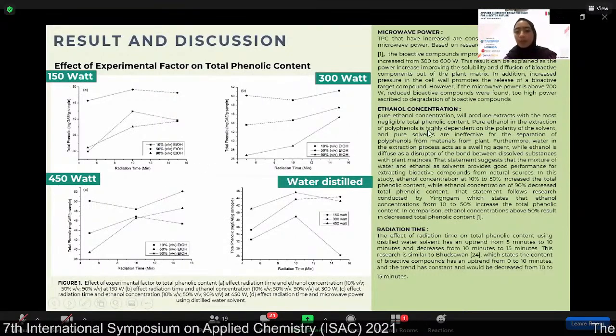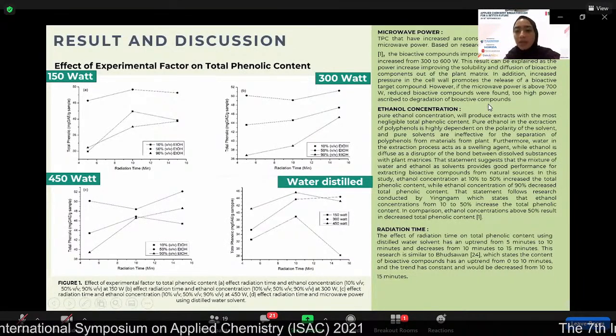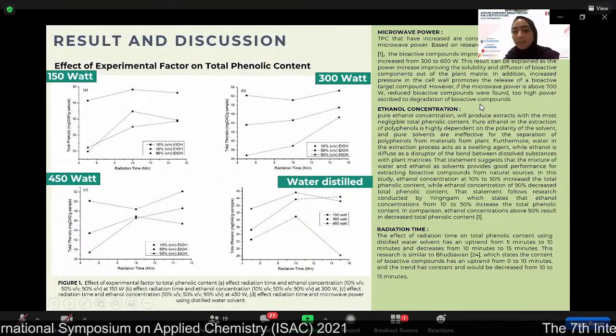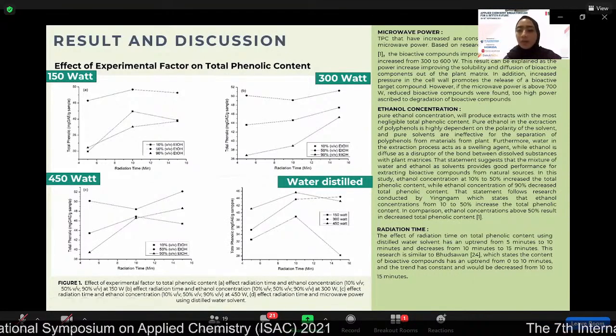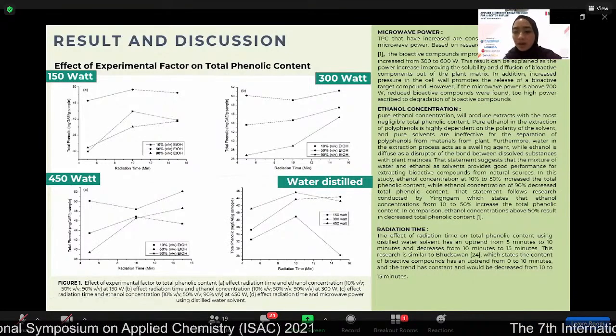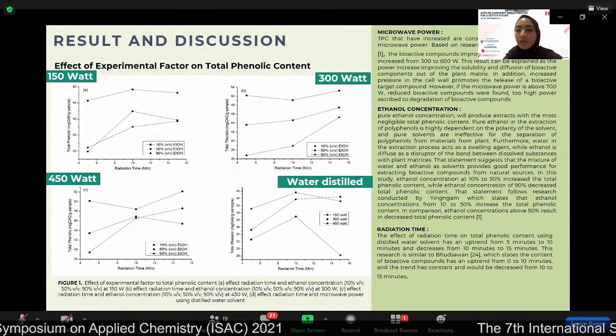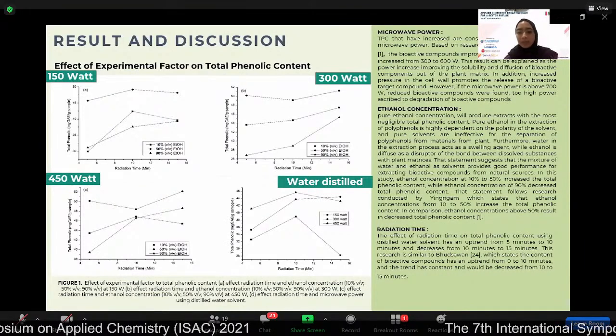This is because pure ethanol will produce an extract with the most negligible total phenolic content. Pure ethanol in the extraction of polyphenol is highly dependent on the polarity of the solvent, and the pure solvent is ineffective at separating polyphenol from plant material.